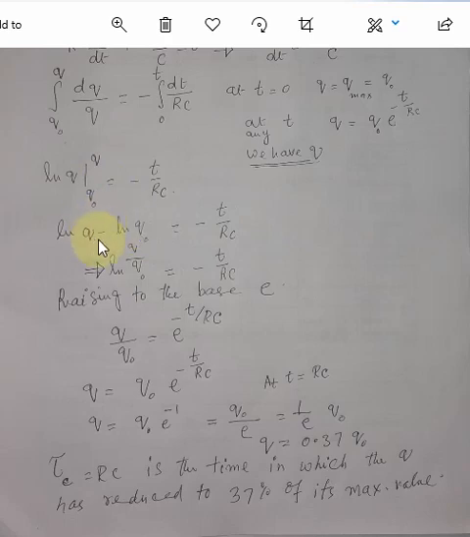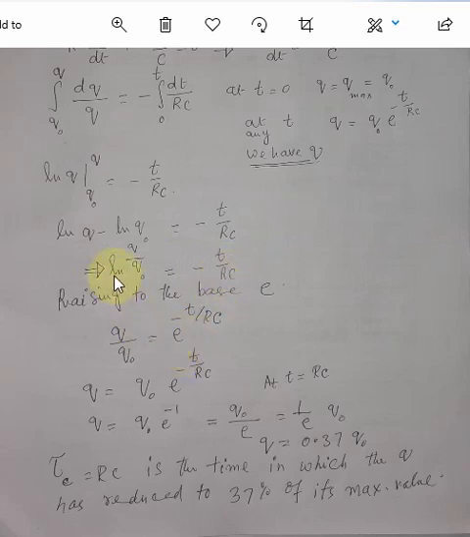this thing, and then this difference can be written as log of Q over Q naught is equal to minus t over RC. How will we remove this log? By raising it to the base e, we will be left with Q over Q naught over here and the exponential term over here, because we have raised both sides of this equation to the base e.